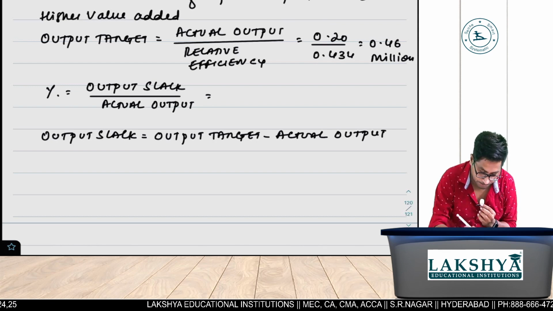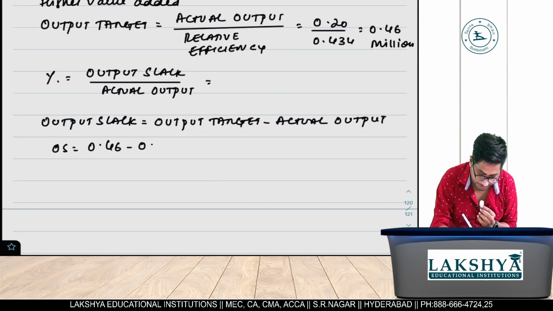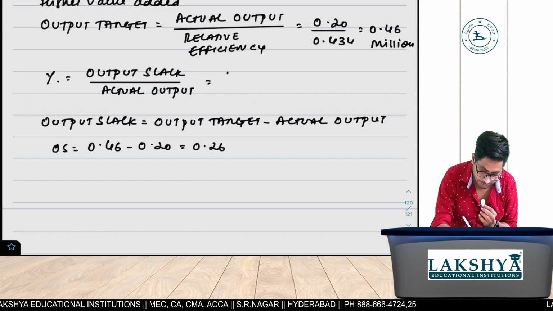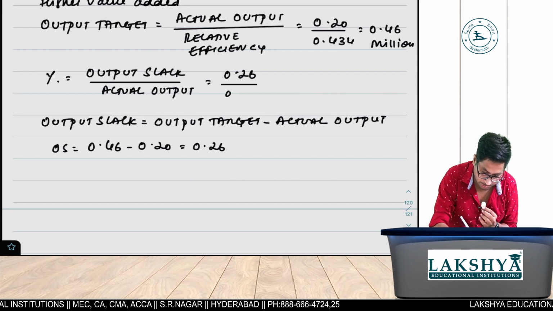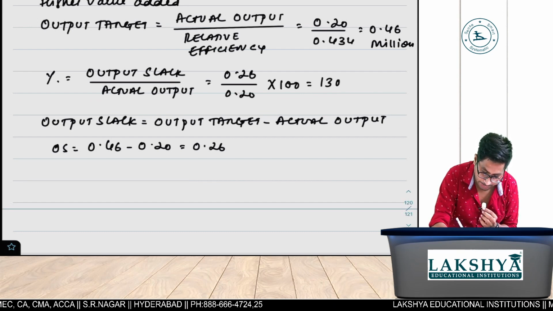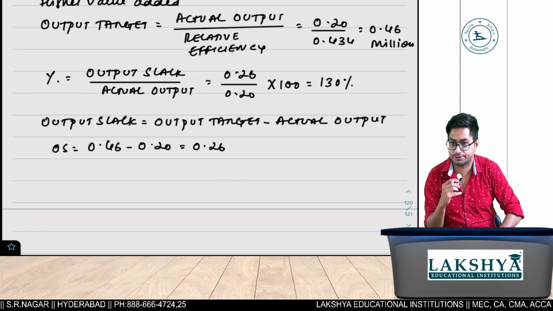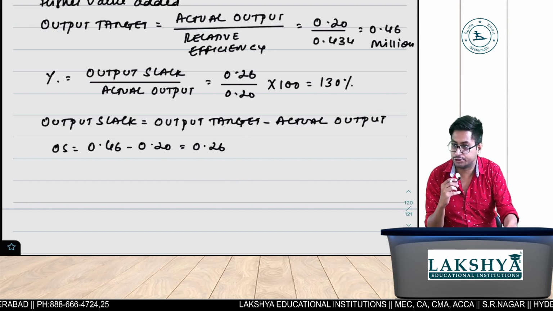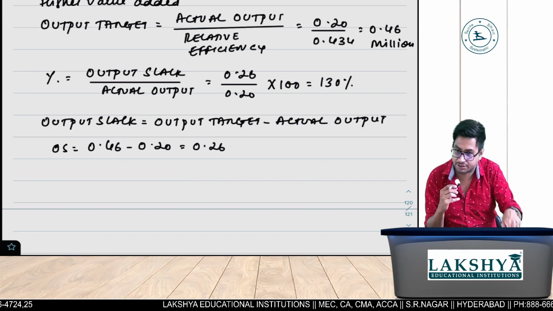How much is the output target? 0.46, and here it is 0.20. It will be how much? 0.26. So 0.26 divided by 0.20 into 100. How much percentage? 130%. Meaning, they should increase their output by how much percentage? 30%. Their output should be how much? 130%. Using the same level of input, they should get 130% of the current output.